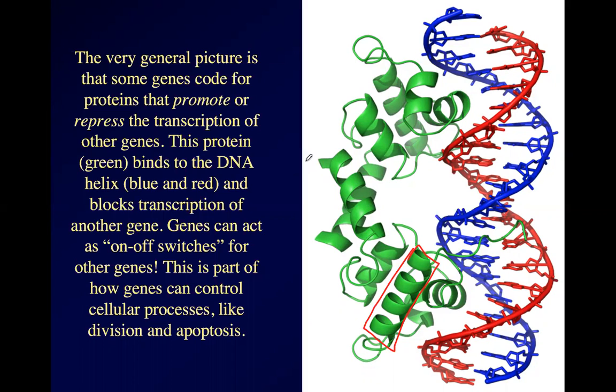Some genes turn other genes on and encourage them to be transcribed and translated. Other genes code for proteins that block other genes from getting transcribed or translated. And this is part of how genes can control cellular processes. Some genes code for proteins that promote or repress other genes.